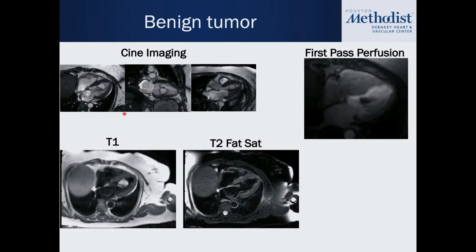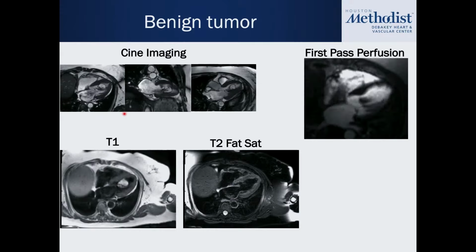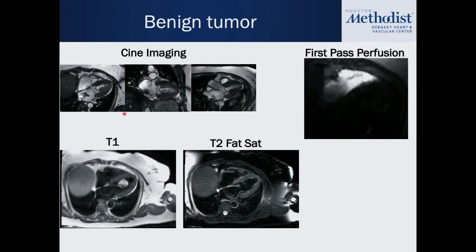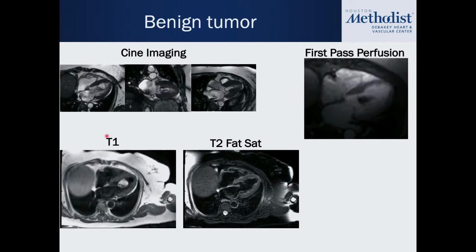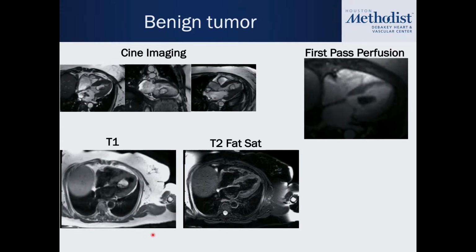It is more or less well circumscribed. It doesn't seem to be invading, right? You don't see a pericardial effusion. You don't see invasion of the muscle, right? And then this is a T1 map or T1 image. What do you see here? High signal, low signal from the T1.